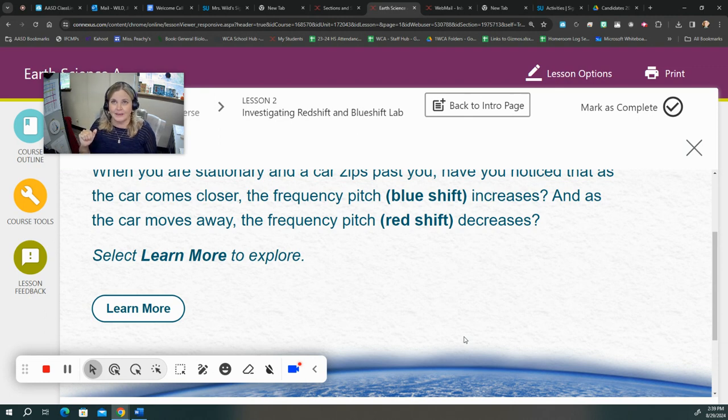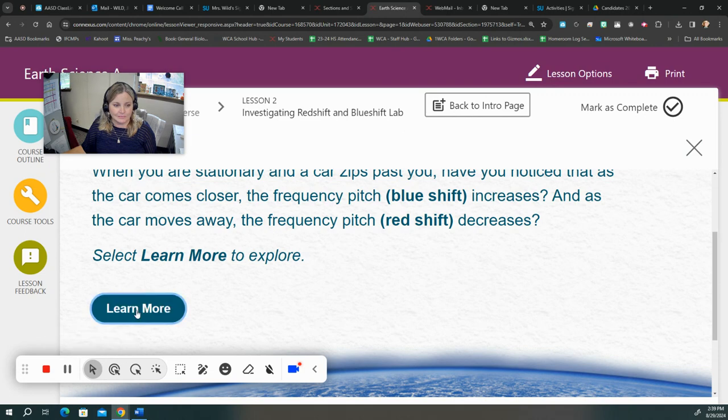I always think of it like there are waves emanating from the object, and as it's moving towards you, those waves are running into you and piling up a little bit, so they're squishing together. And as it's moving away from you, the waves are being pulled apart a little bit, so it's a longer wavelength, which translates into a lower pitch or a redder color.